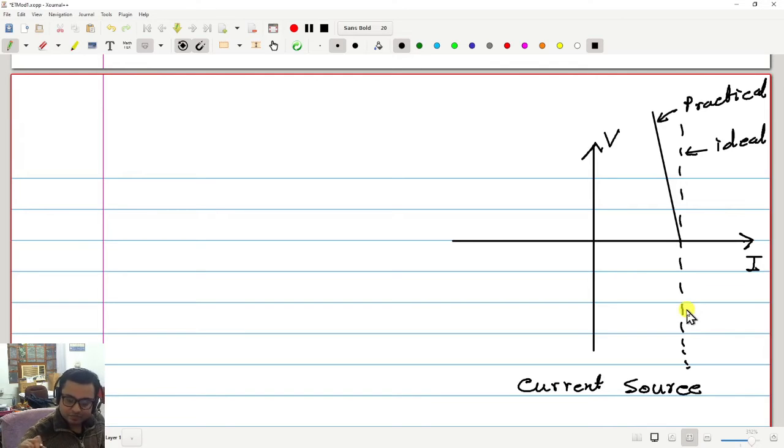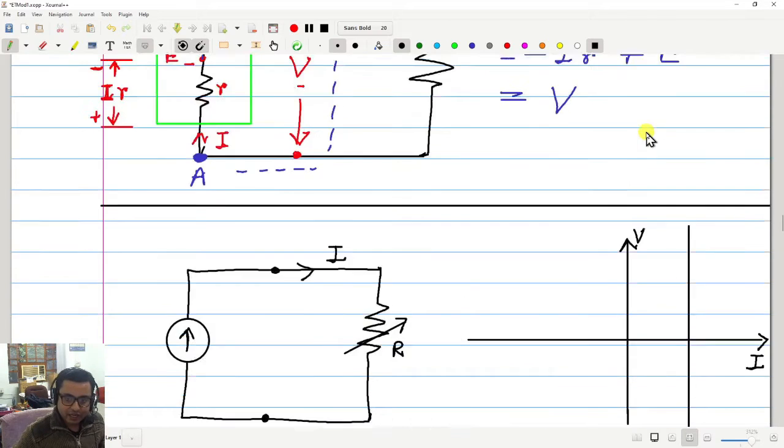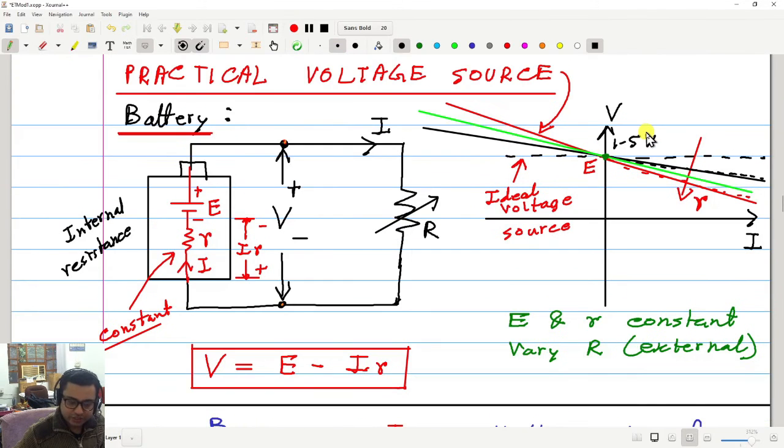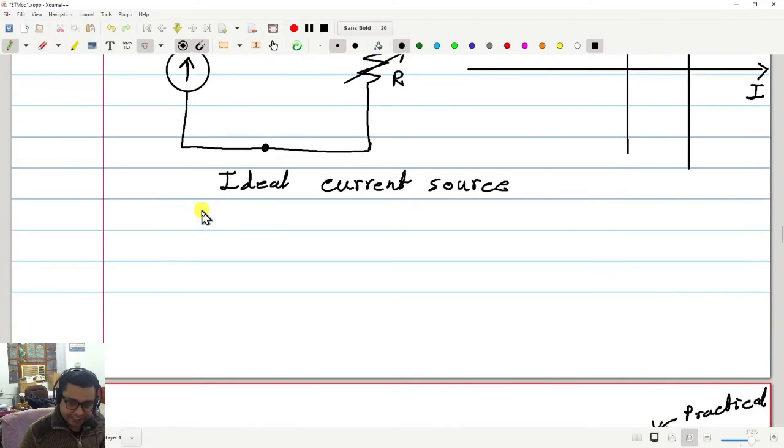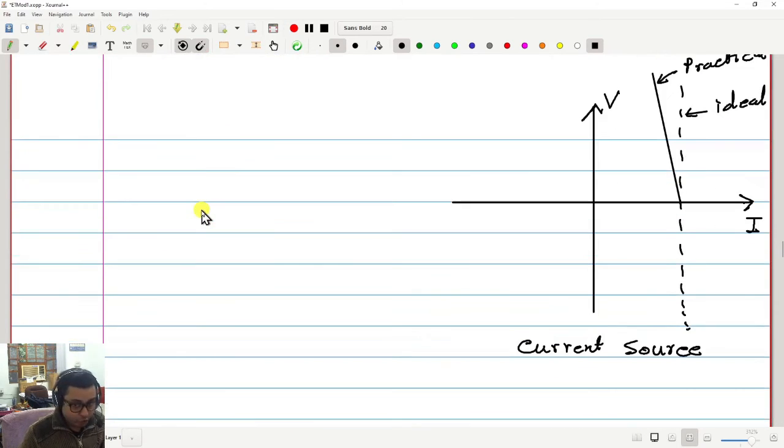Acha. Now, we saw that for a voltage source, the fact that voltage drops with more and more current can be modeled by putting an internal resistance together with the EMF. Can you guess what we may do to model the fact that the current drops with increasing voltage?